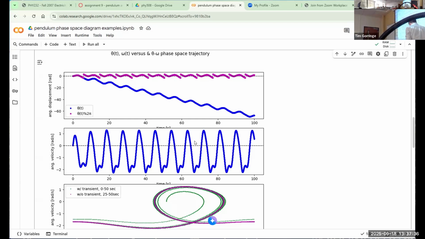Okay, here's the phase space diagram. Again, the green is showing a transient period, and then the magenta is showing the steady state period. And again, we have a distinct transient period and steady state period.